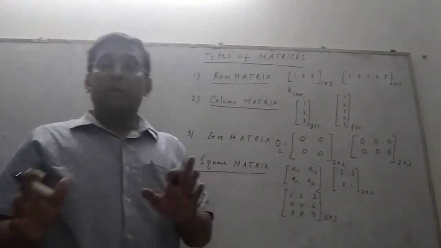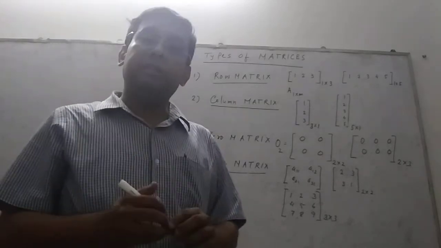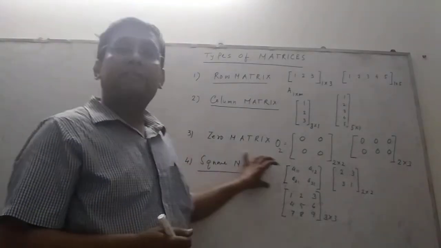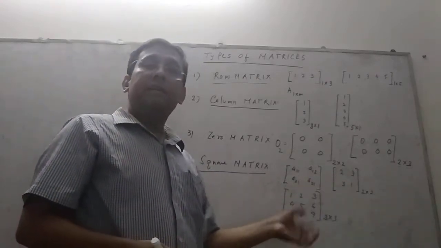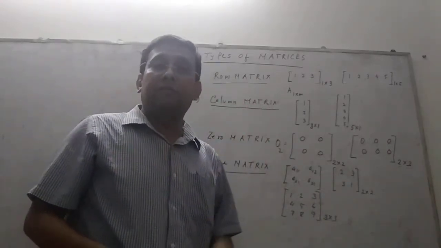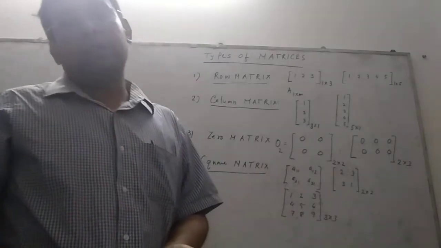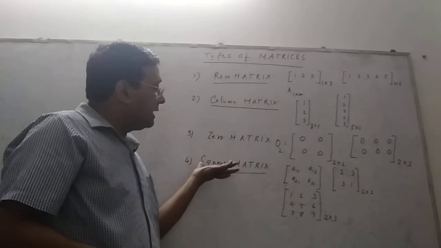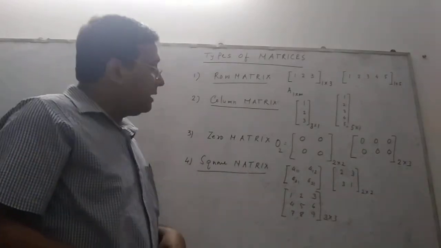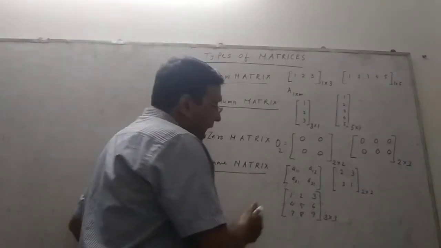As far as your class 12 syllabus, generally we shall concentrate on the square matrix in the long run, and particularly 2 by 2 and 3 by 3. This type of square matrix are very important in class 12 syllabus, both for CBSE and ISC. So once we understand square matrix, then we have to understand the concept of diagonals.